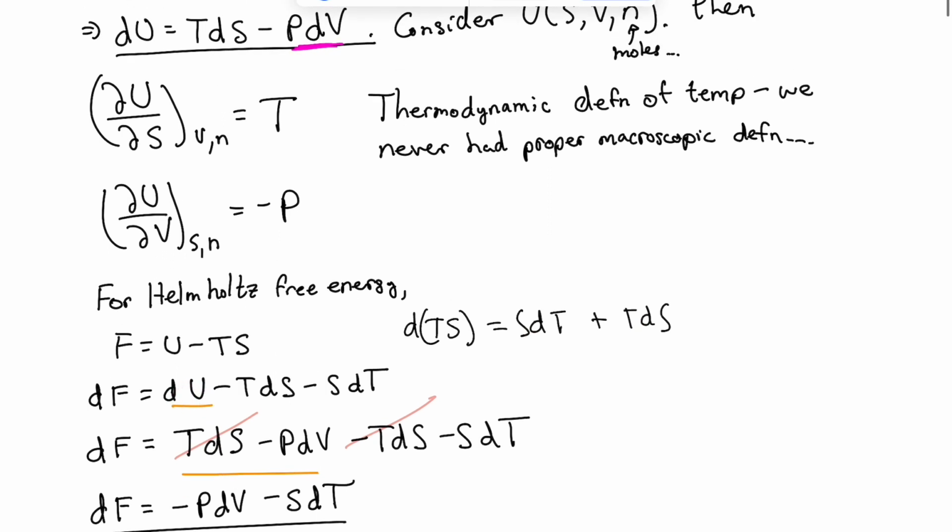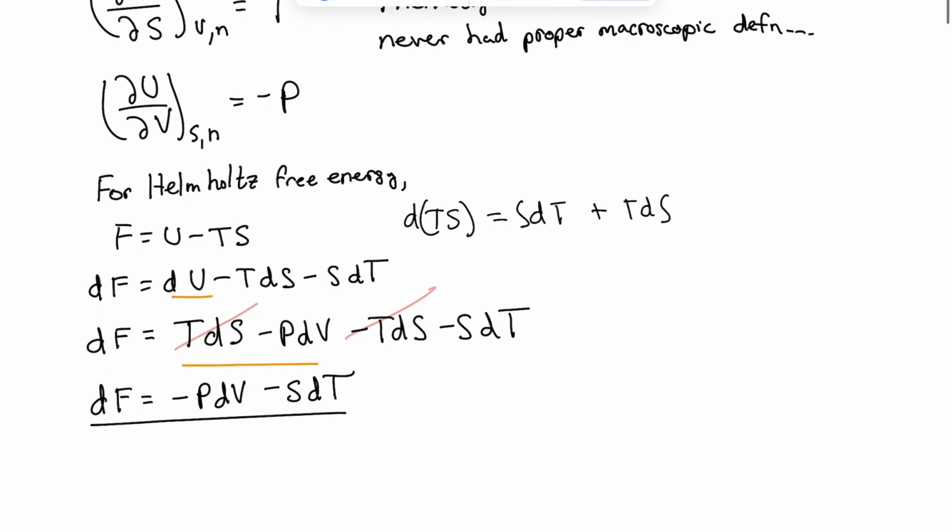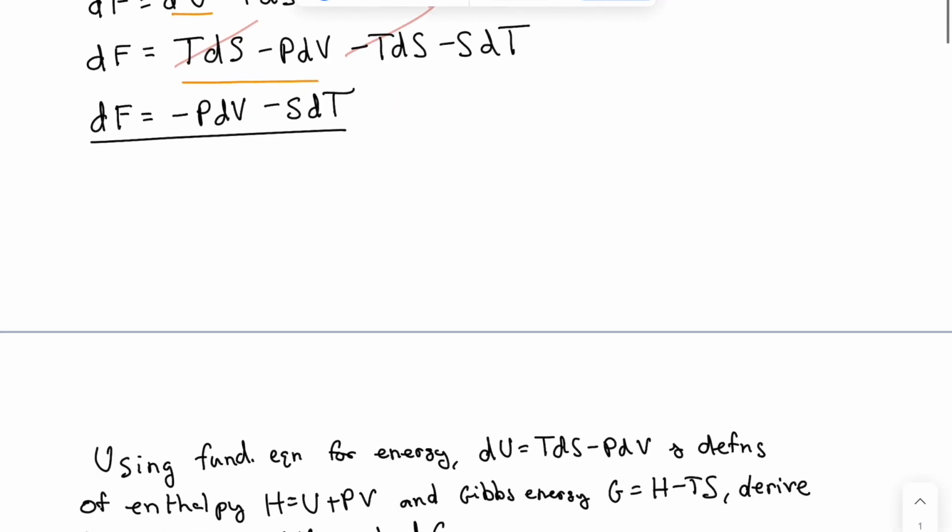Since dU has this nice form, the fundamental equation for internal energy is TdS minus PdV, I plug that in for dU, and I get some nice cancellations. TdS cancels, and I get dF is equal to minus PdV minus SdT. So this now lets us figure out changes in free energy with no reference to the path. We just have these nice results that just involve changes in our thermodynamic variables.